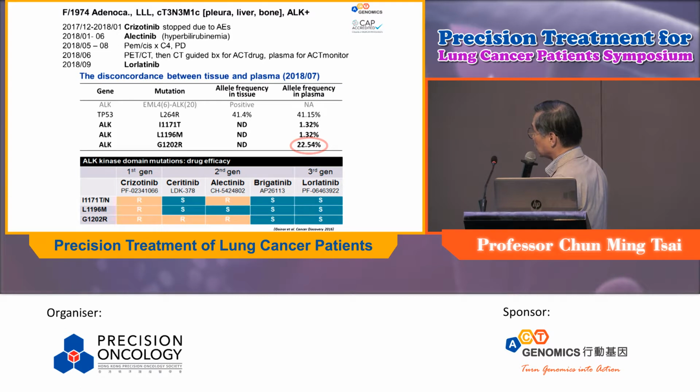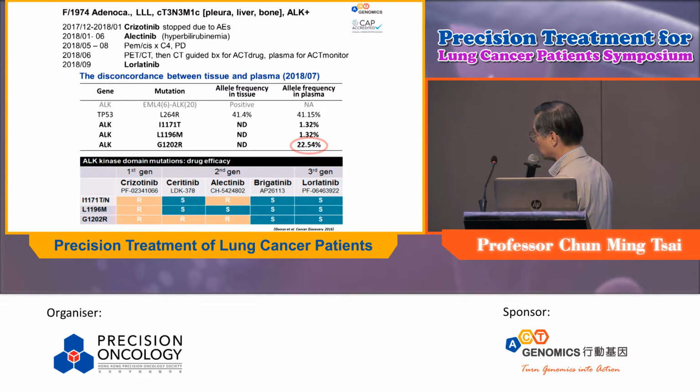This patient has the ALK transformation detected only in tissue, but has a different variant of acquired mutation detected in the plasma, particularly G1202R. This is a gatekeeper resistant mutation.